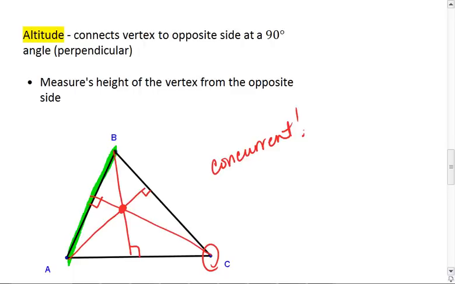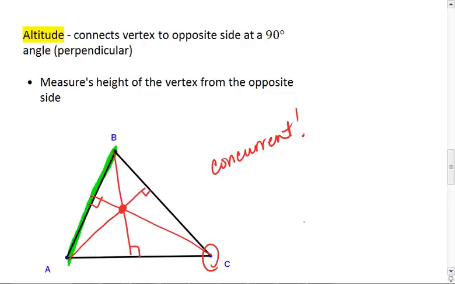Before we talk about their point of concurrency, a good way to remember what an altitude is, is to think about where you hear altitude in everyday language. You hear it when we're talking about the altitude of a plane, or of a helicopter, or of a mountain. All of these times when we use the word altitude, we're talking about the height, the sheer vertical height.